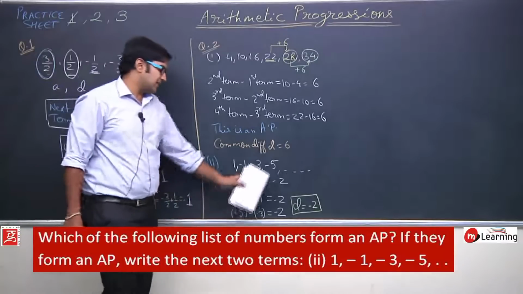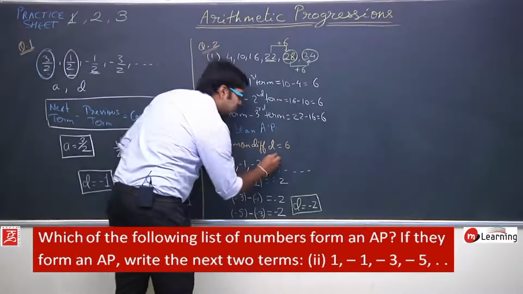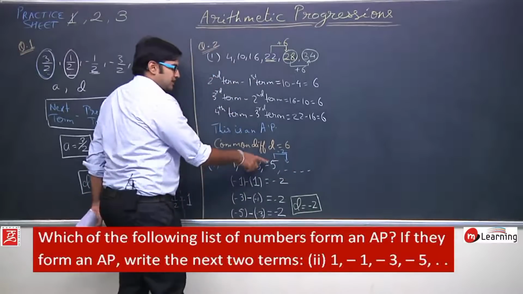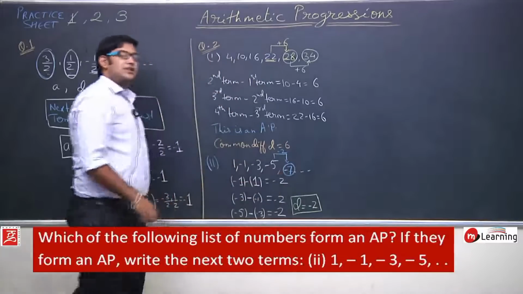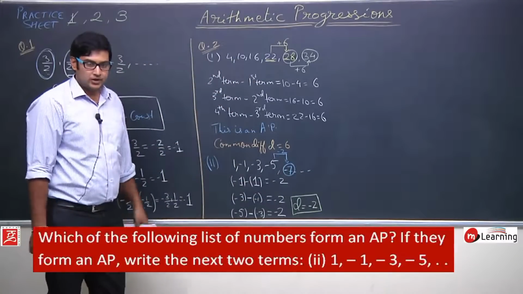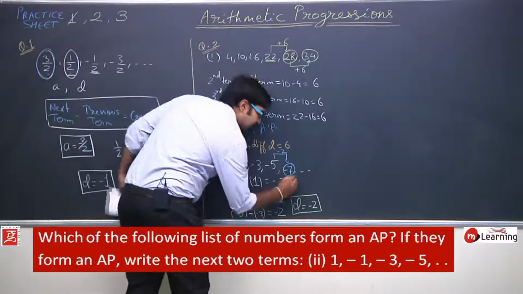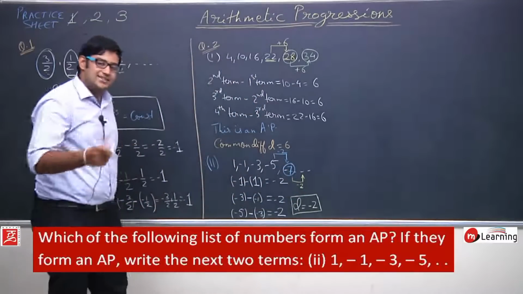Now if I want to determine the next term after -5, what will be the next term? Simply you will add -2 to this -5. So -5 minus 2 will give you -7. So this is the next term, that is the fifth term. And I need to determine one more term. Again I will add -2 to -7.